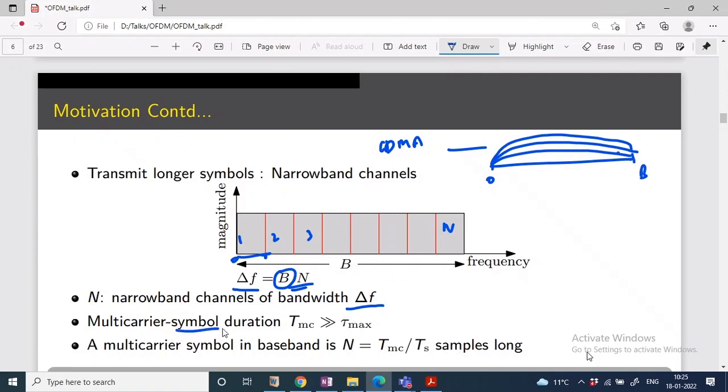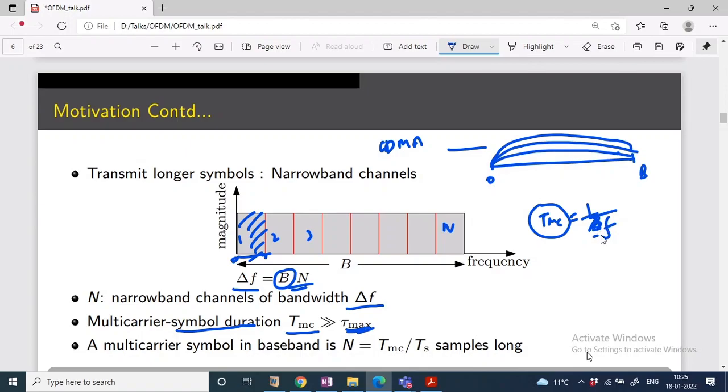Then the multicarrier symbol duration TMC is greater than tau max. TMC is equal to 1 upon delta F. Delta F is small, so the symbol duration corresponding to this frequency band, TMC, is much higher than tau max.